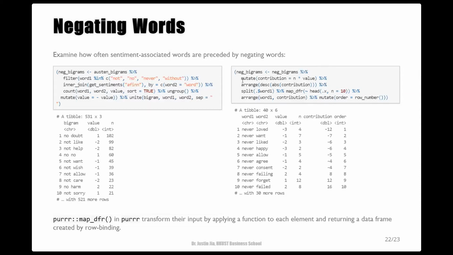Then, for each negating bigram, calculate the product of the sentiment score and the frequency as a proxy of its contribution to sentiment values, and select 10 bigrams which have the greatest contributions in either a positive or negative direction for each of the negating words.